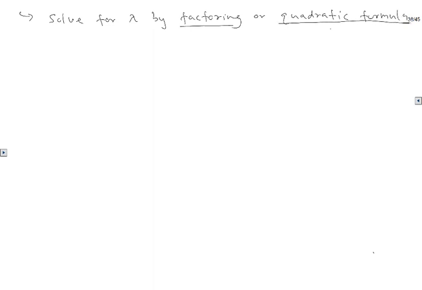You can either use the quadratic formula or you can just use the factoring technique. So that means you're going to get lambda 1 and lambda 2, which is given by negative b plus or minus the square root of b squared minus 4ac, divided by 2 times a.